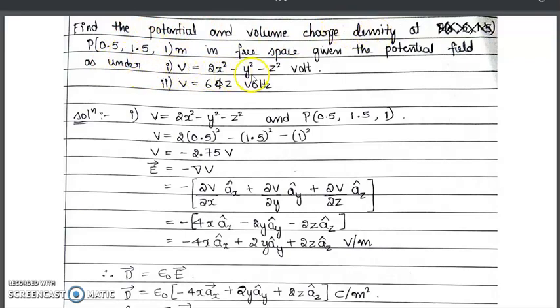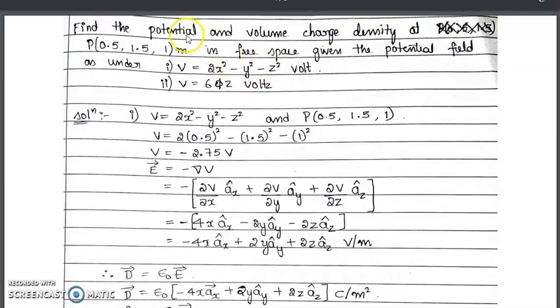When this is the equation for potential, and in the other case when that is the equation for potential, what is the value of V and rho V at point P? First we will take up the first equation, V = 2x² − y² − z².